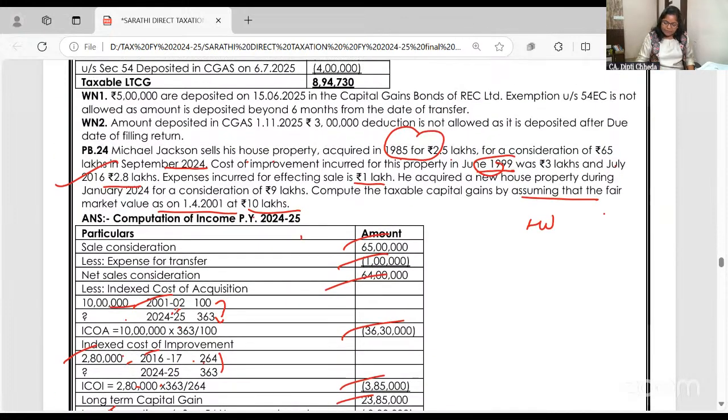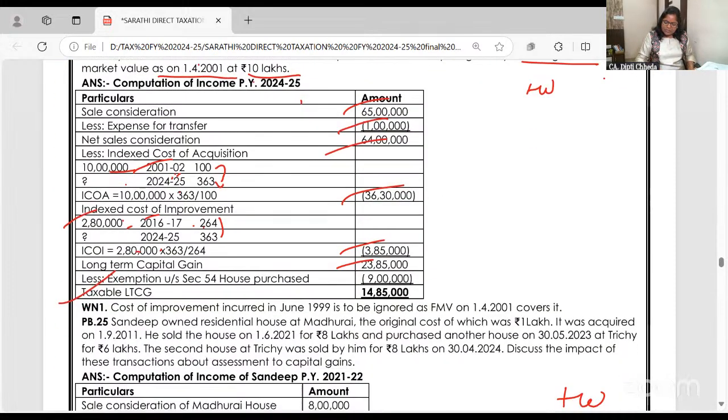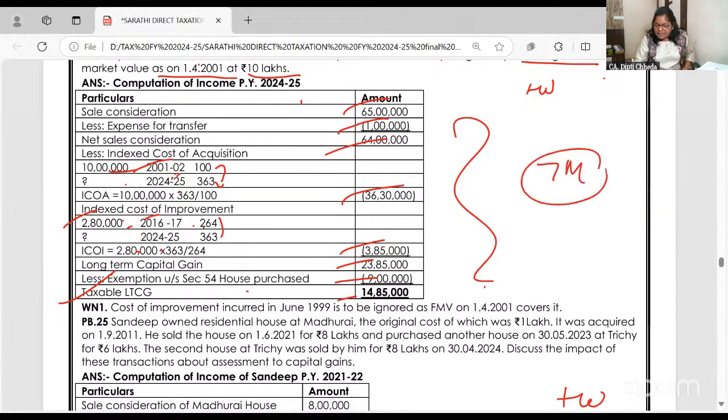Capital gain. He acquired new house during January 24. Okay, this time let it be January 24. 1 year backward, no? They sold in September 24 and January 24, 1 year backward. He has purchased the new house. Can he claim? Such an easy sum. This is the level of the questions asked for 7 marks. And capital gain is vast to study.